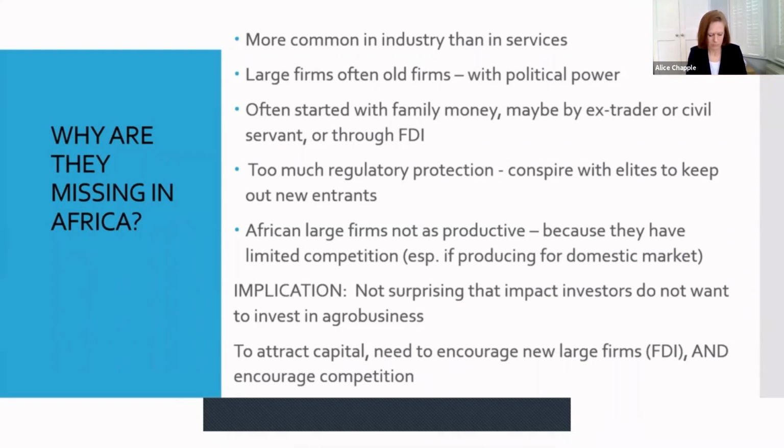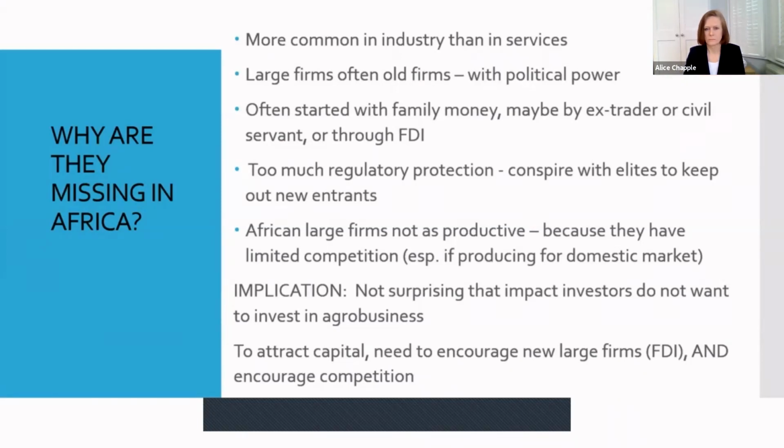They get all kinds of rules passed that make it difficult for new entrants, especially often FDI, to get the permits to enter the sector because they don't want competition, right? And so African large firms are not as productive because they aren't threatened by competition, so they don't have to innovate. And that's especially true if they're producing for the domestic market. When they produce for the international market, they have to innovate because they have to keep up with the standards.